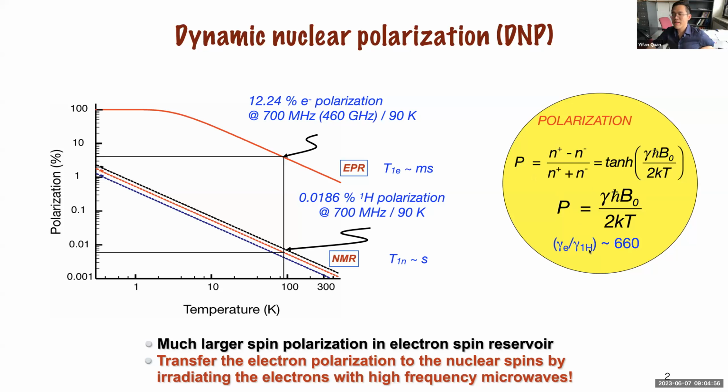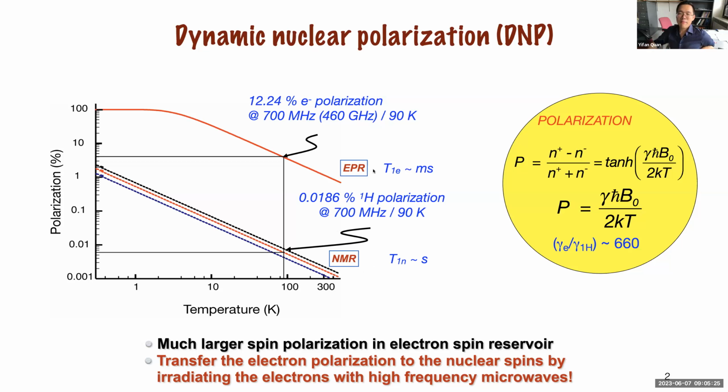Even for proton spins, the ratio is about 660, and for other species of nuclear spins it is an even higher value. That makes EPR and NMR actually work in quite different regimes. For example, EPR typically works with microwaves from several gigahertz up to several hundred gigahertz, while NMR typically works with several hundred megahertz radio frequency.